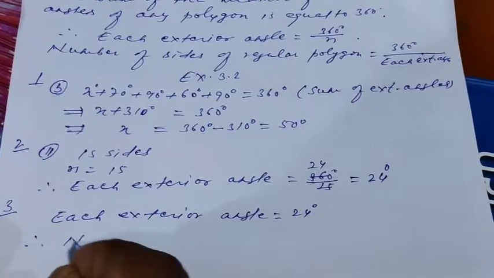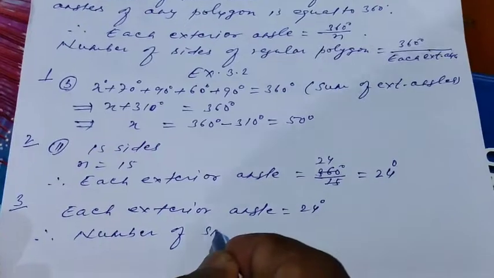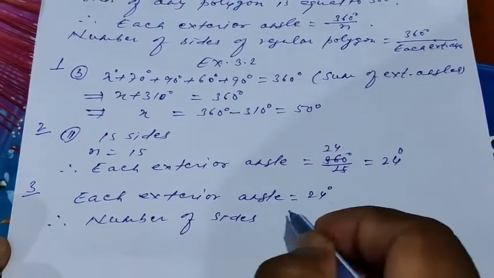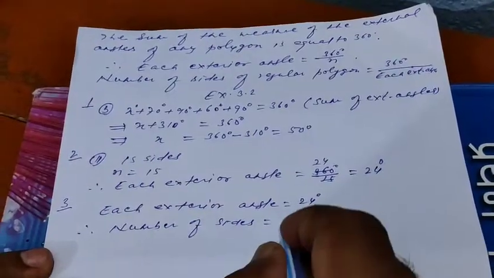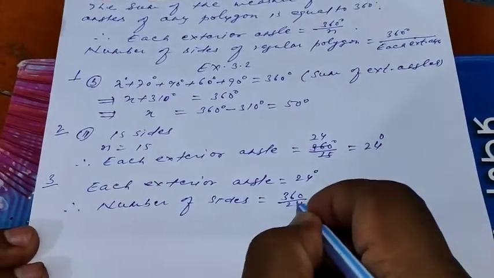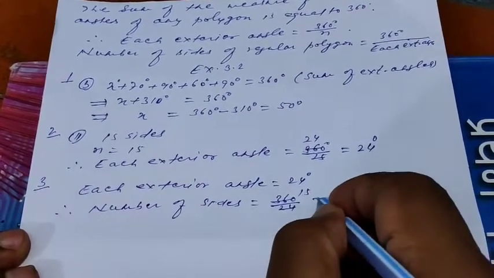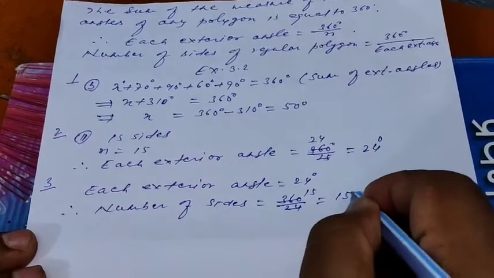Therefore, number of sides is equal to 360 by 24 degrees. Therefore, number of sides is equal to 15.